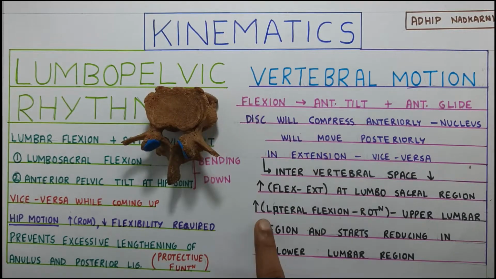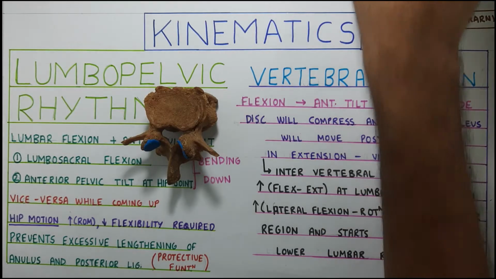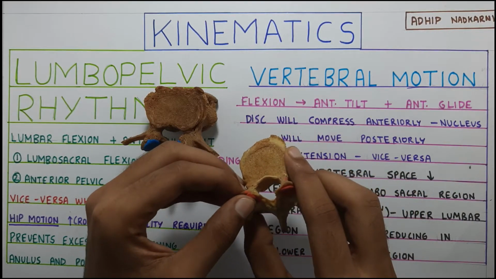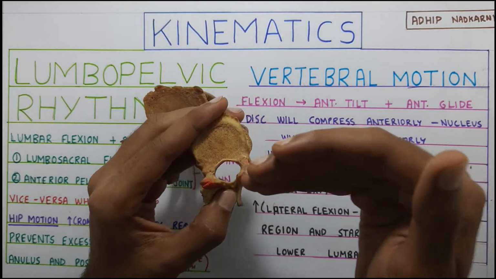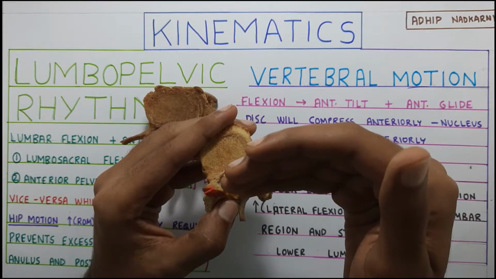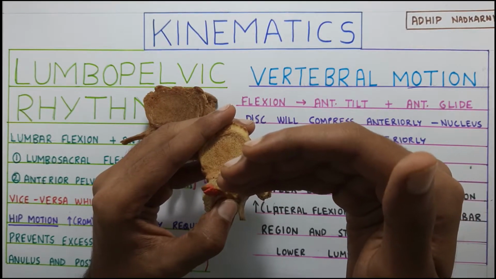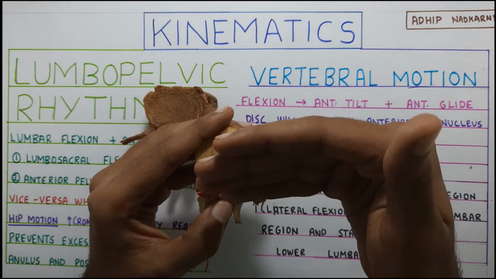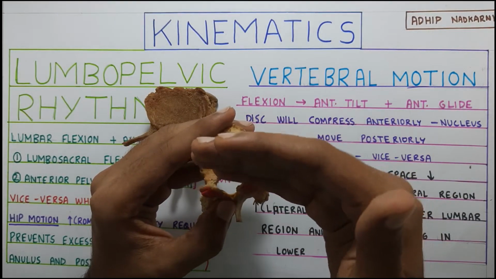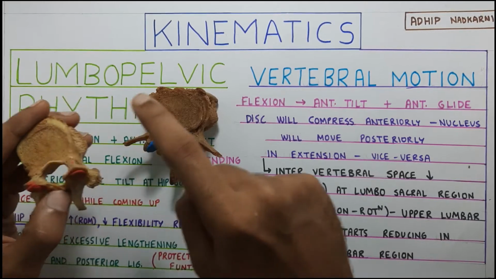Now, lateral flexion and rotation is high at the upper lumbar region, and it starts reducing as you go to the lower lumbar region. If you remember, in the thoracic region, the upper thoracic was in the frontal plane, and as you kept going downward, it started becoming more in the sagittal plane, right? There was some transition happening from thoracic to lumbar.